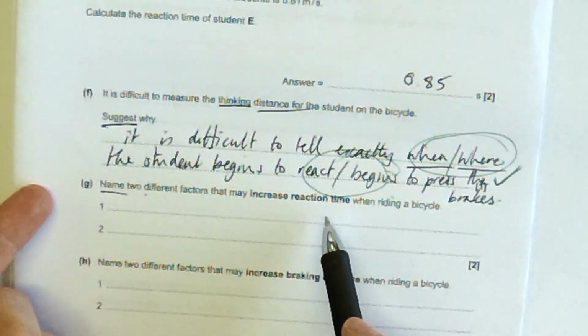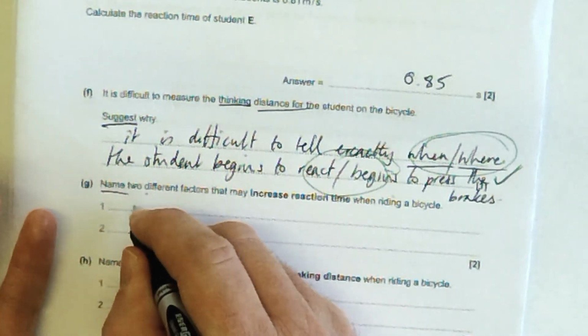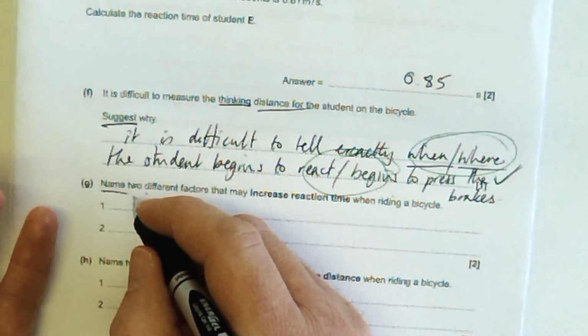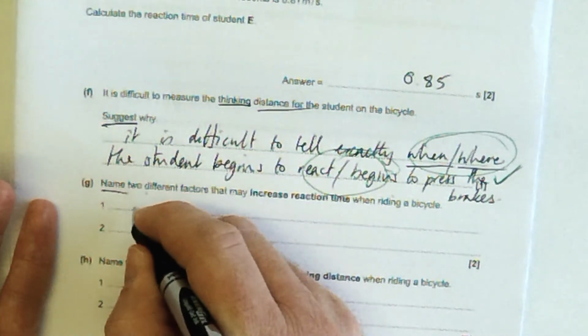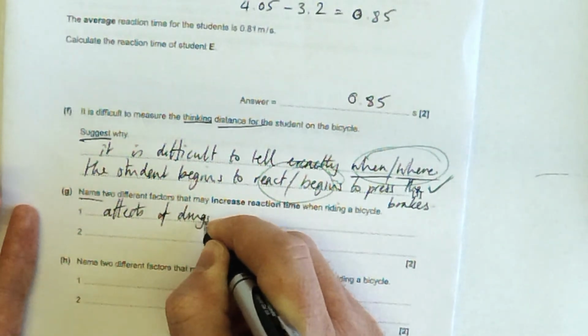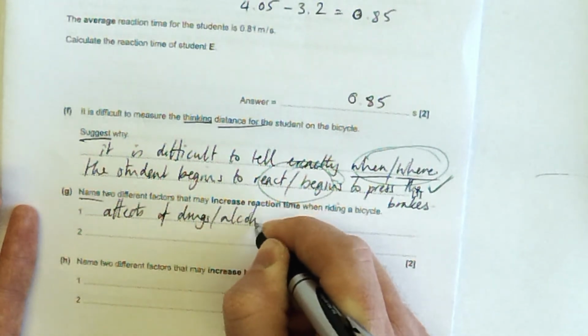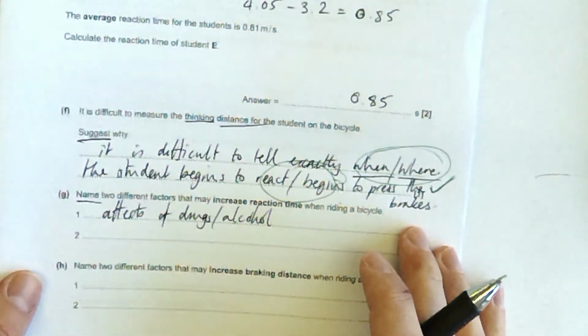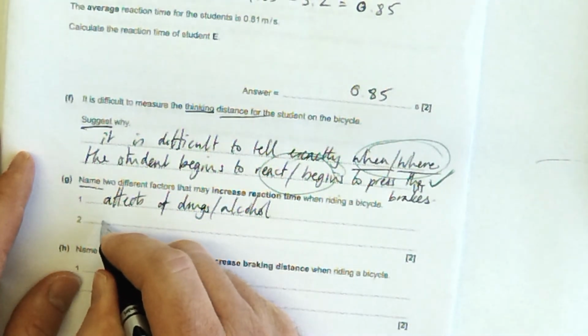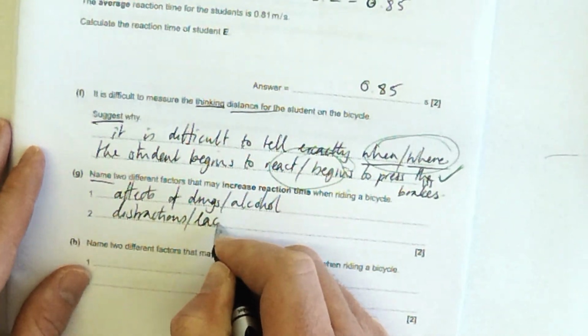Okay, reaction time, well, if you are drunk or on drugs, so you are inebriated, then that could be one of them. So let's just put effects of drugs or alcohol. Okay, another factor might be a lack of concentration. So distractions or a lack of concentration.